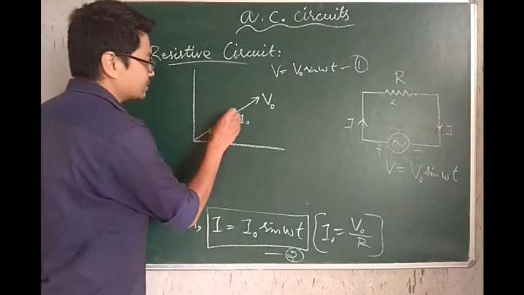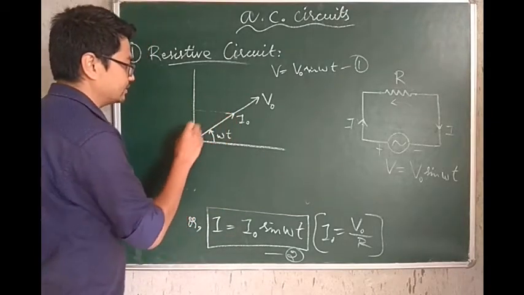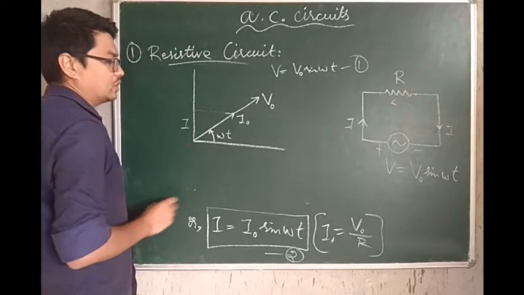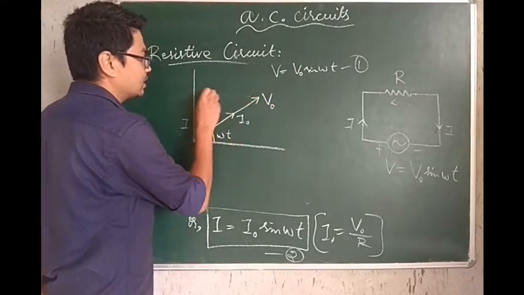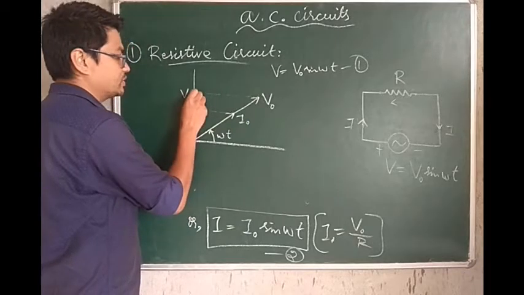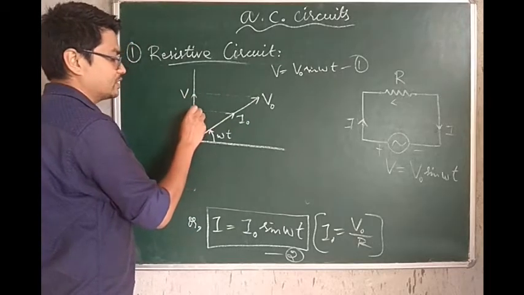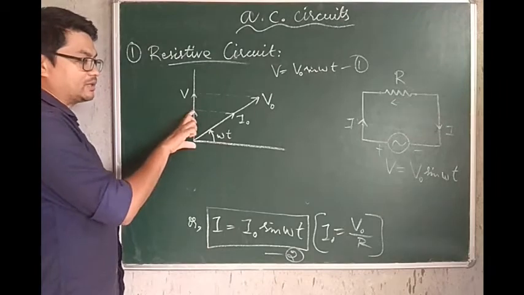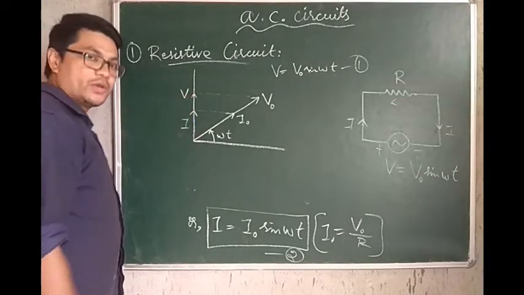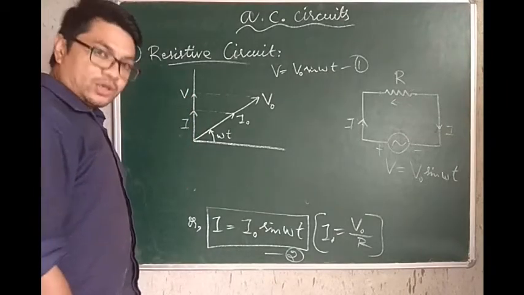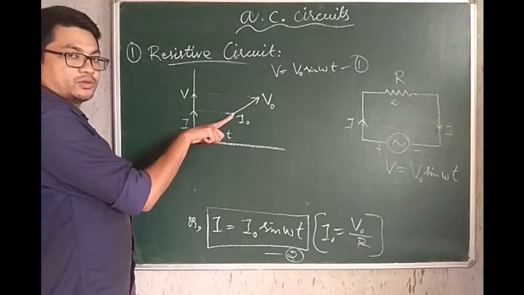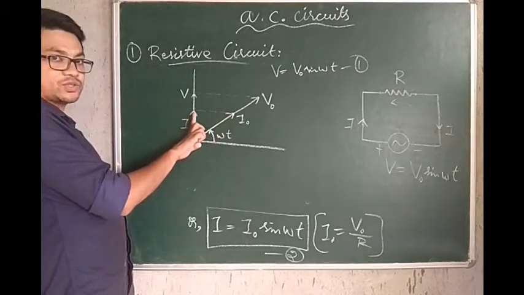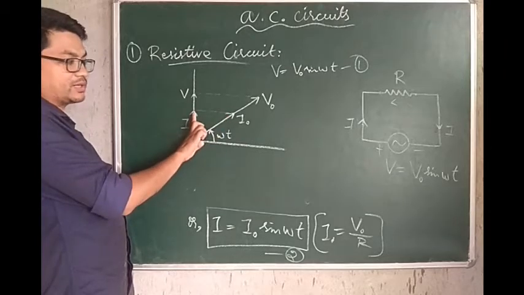Now what you can write here is, this is your I, the instantaneous value of current. Likewise, up to here is your V, up to here is your I, the instantaneous value of current and the instantaneous value of the voltage. Why? Because if, say for example, you resolve I naught in the vertical direction, what do you get?